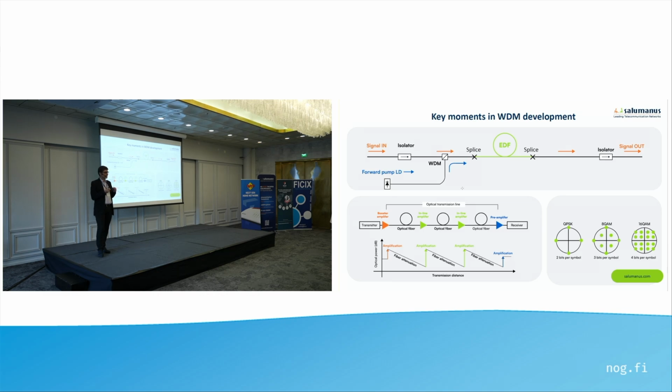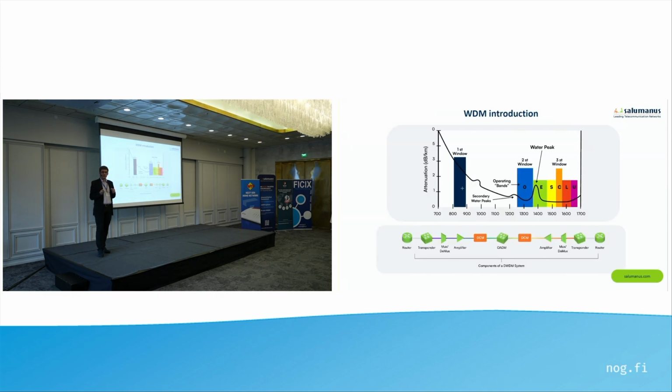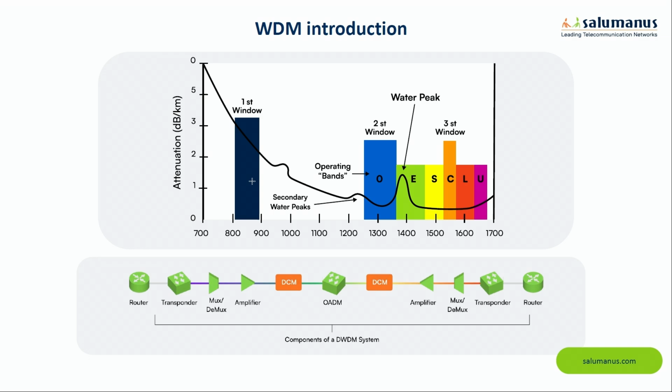So in fact, our network structure can be even simpler, because today we can put the DWDM directly into the router or switch. We don't need all of those devices, transponders, or DCMs. We need just the optical layer, muxes and amplifiers, and the whole network will run.